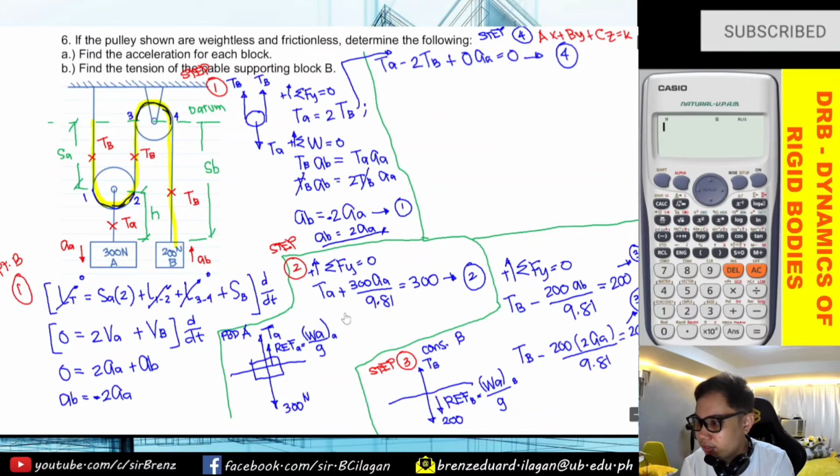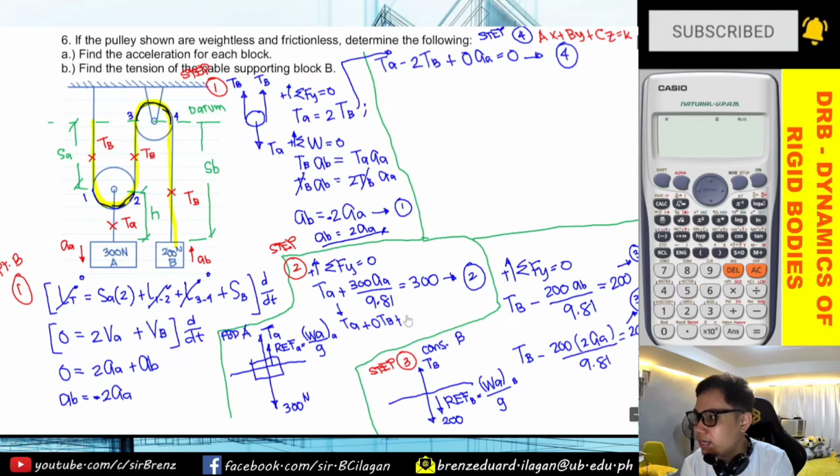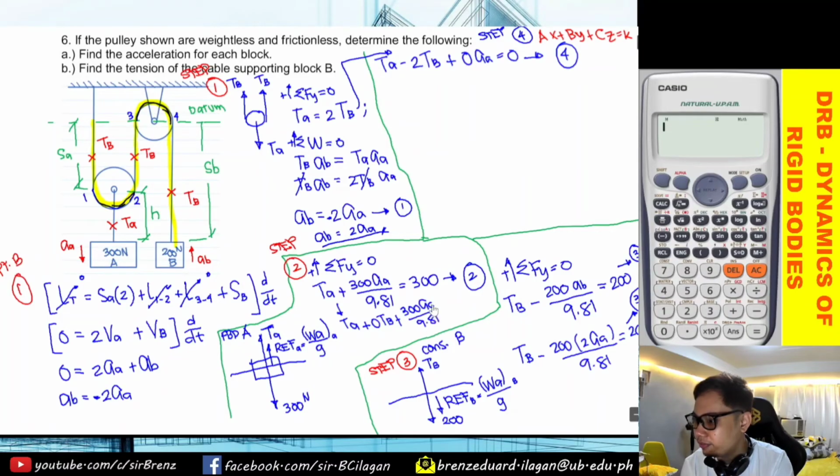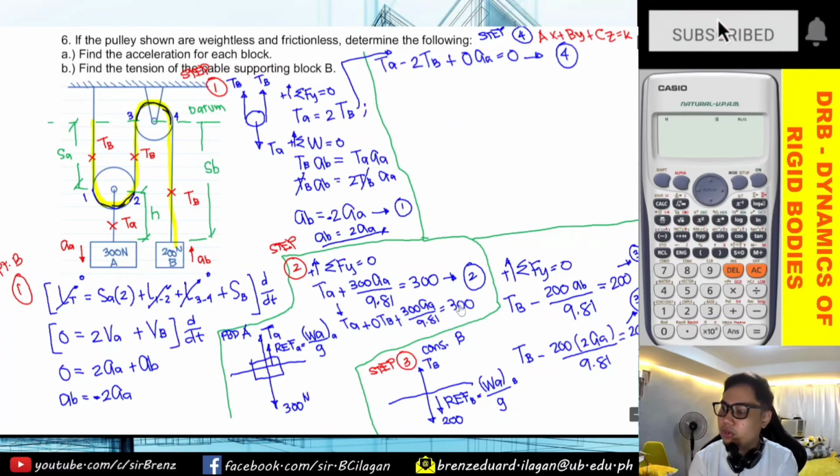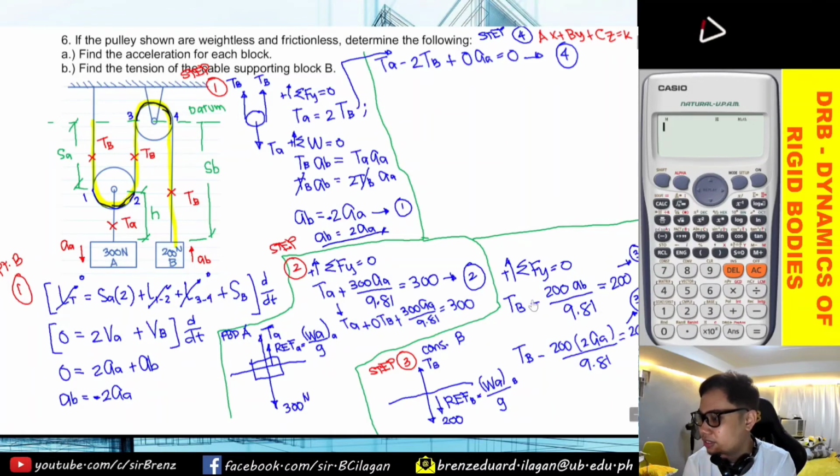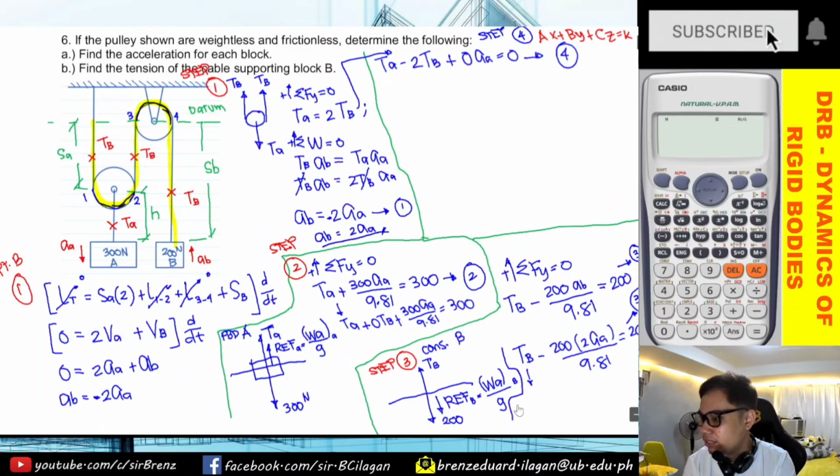Ito can be written as T sub A plus 0 of T sub B plus 300 of A sub A over 9.81 is equals to 300. So, this will be our new equation number 2. Kaya ako ginagawang ganito para mas madali sa ALQ. Anyway, itong equation na to can be written also as T sub B.